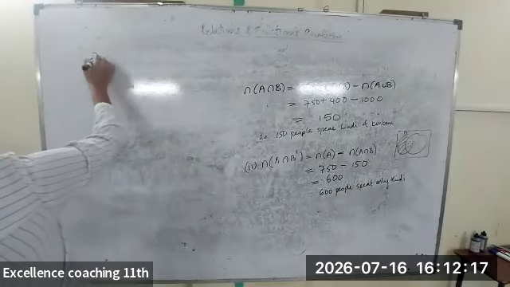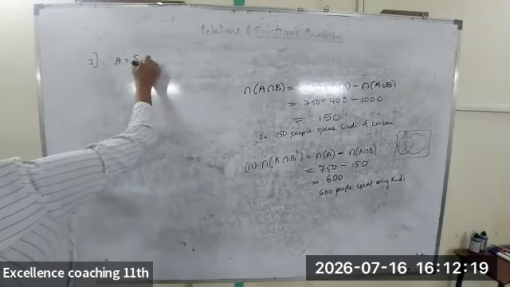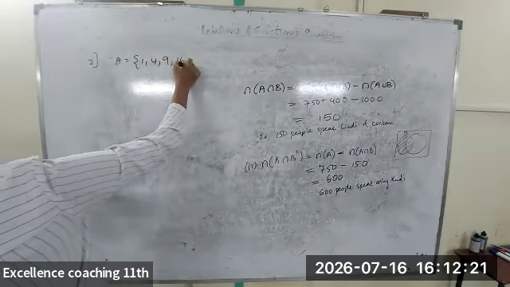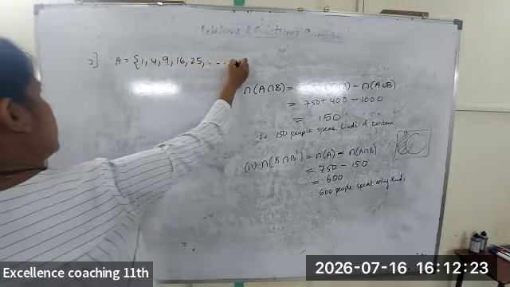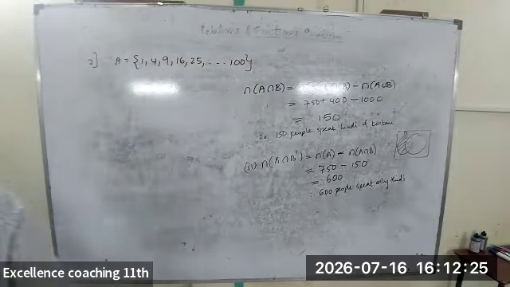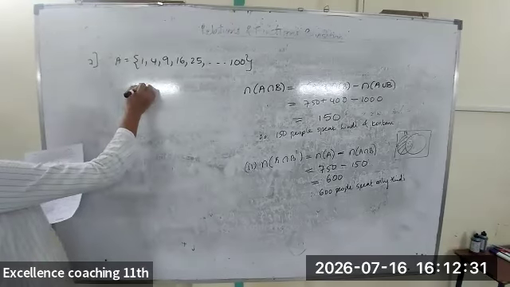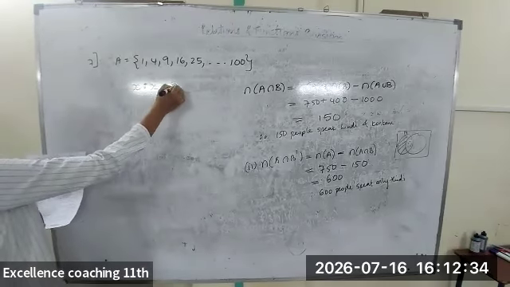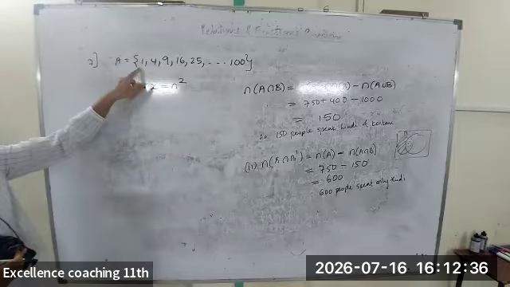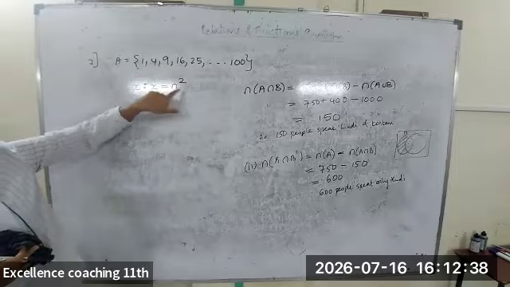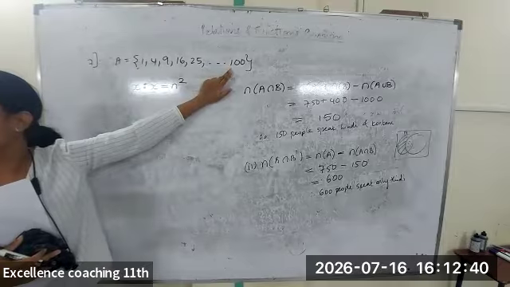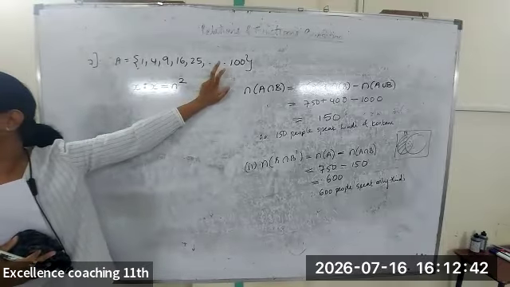Seventh one. What is this? Set builder form, no? So you know that x is nothing but n square. When you put n as 1, then you put 2. Last number is what? You cannot put 100. Whose square is 100? 10.